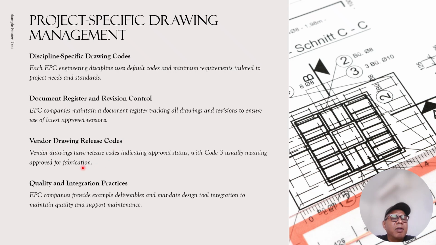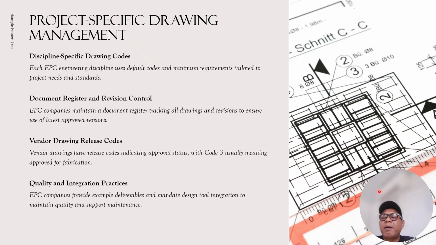Vendor drawing release code: the vendor drawing has a release code indicating approval status, with code 3 usually meaning approval for fabrication. For quality and integrated practice, the EPC company provides example deliverables and mandates design tool integration to maintain quality and support maintenance.